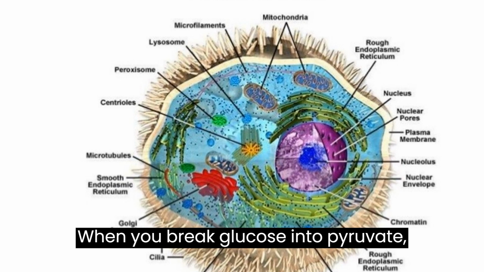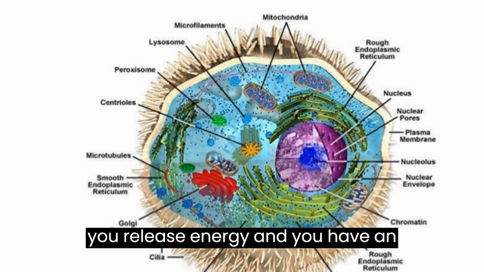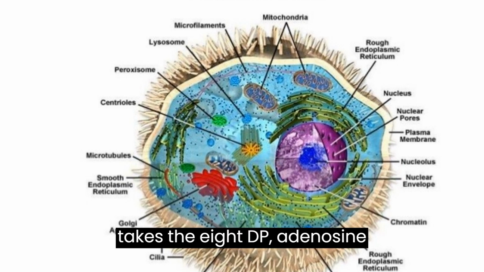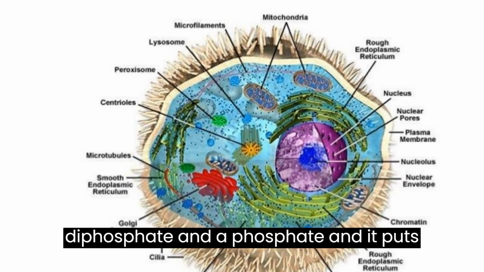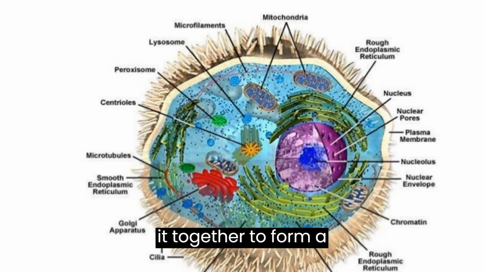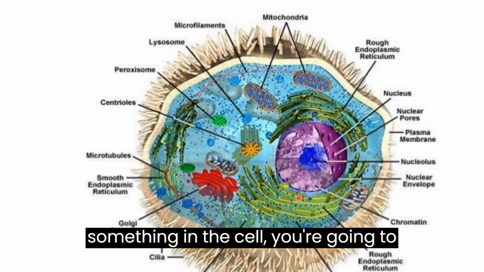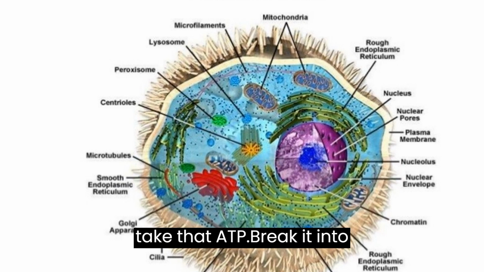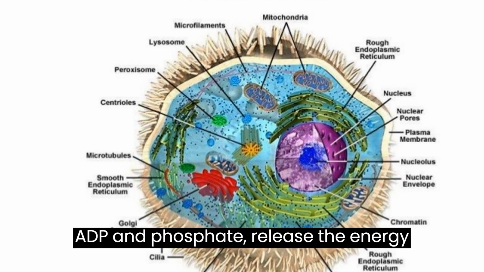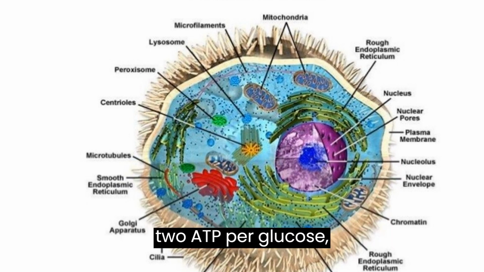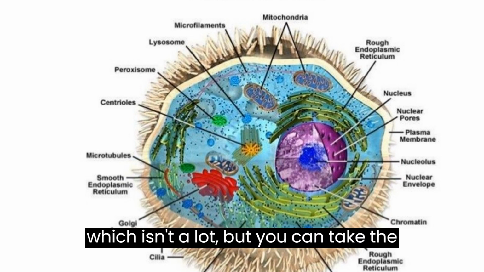When you break glucose into pyruvate, you release energy, and you have an enzyme that takes the ADP, adenosine diphosphate, and a phosphate, and puts it together to form adenosine triphosphate, ATP. And that's how your cells are going to store energy. So if you need energy for something in the cell, you're going to take that ATP, break it into ADP and phosphate, release the energy, and use it. Now that gives you about 2 ATP per glucose, which isn't a lot.